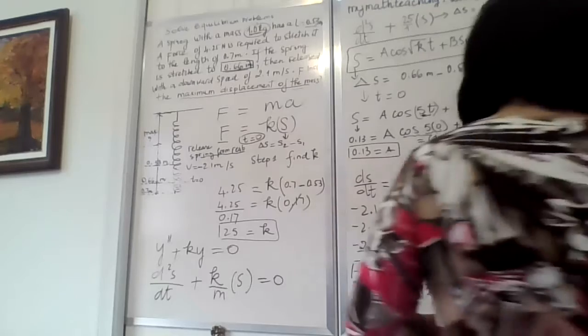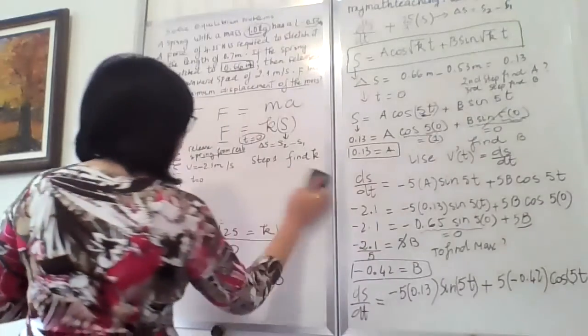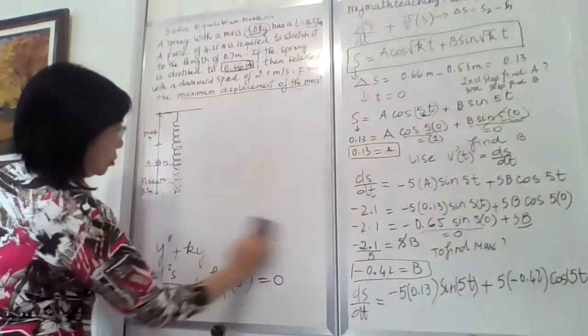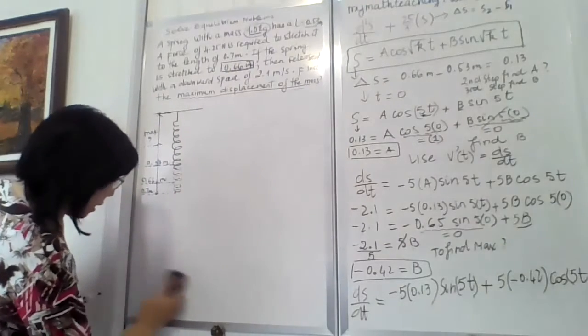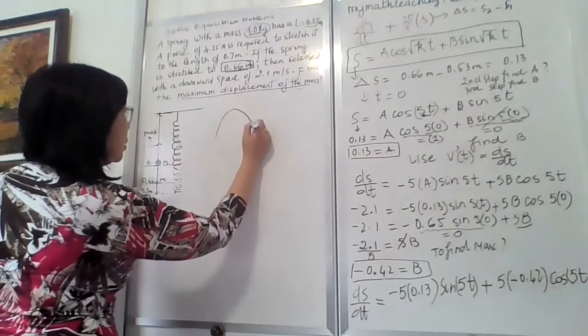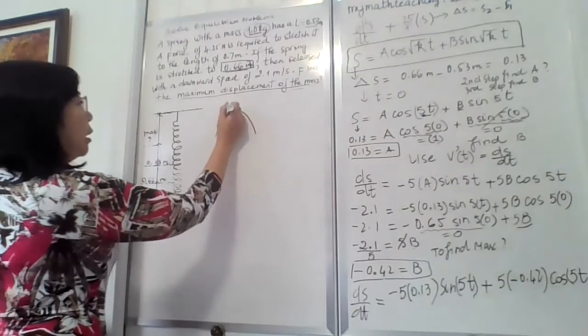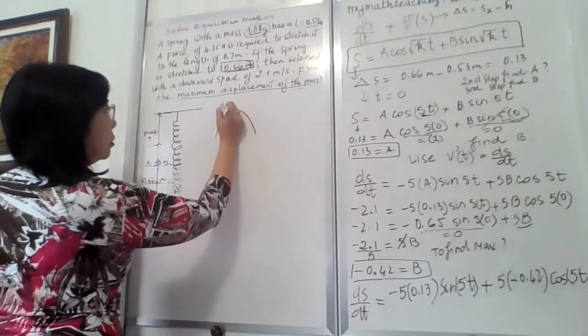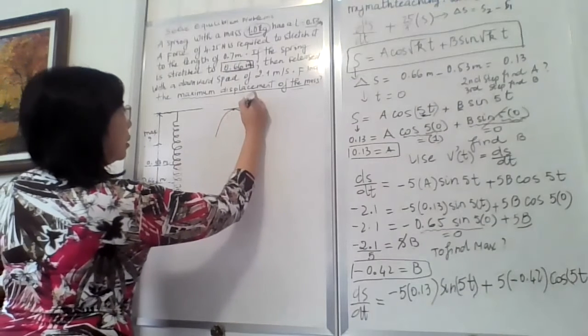Let me erase this so that I have more room to talk about that. So to find the maximum displacement, we have to relate back to the derivative formula. Remember our derivative, let's say you have a function and this is the maximum, right?